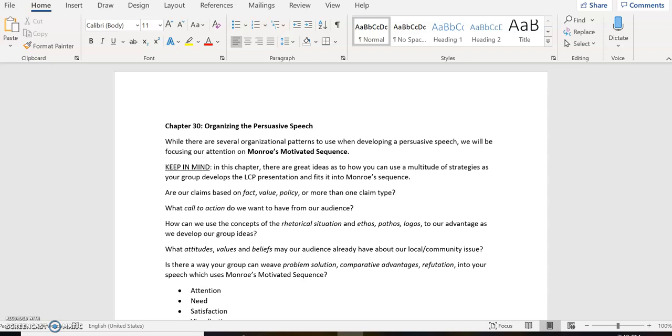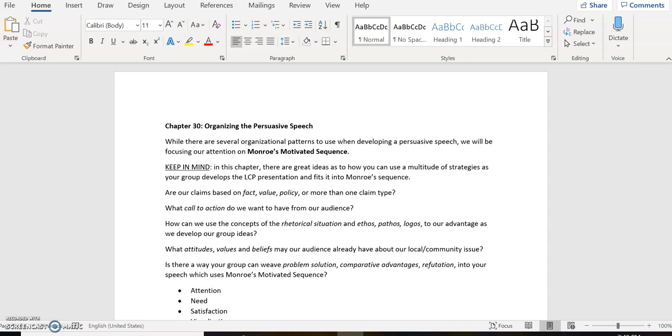So maybe the value is that lives are important, or that killing is wrong, etc. These are things that vary from person to person. So it can be based on fact, value, or on policy, so basically on certain rules. And that is something that you want to consider as you are doing your LCP project. Are your claims based on fact, value, policy, or more than one of those?